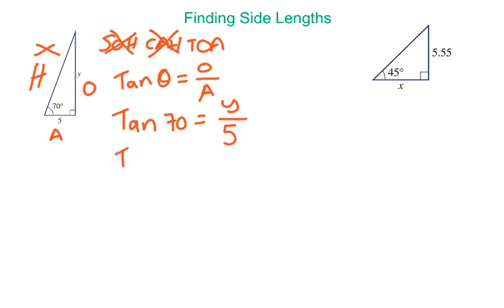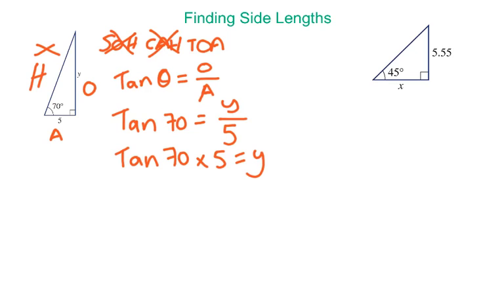Working out is really important, so please make sure you show all steps. Now our goal is to get y on its own. At the moment, y is being divided by 5. The opposite of dividing is timesing. So the timesing of 5 goes to the other side of my equals, and this allows y to be on its own.